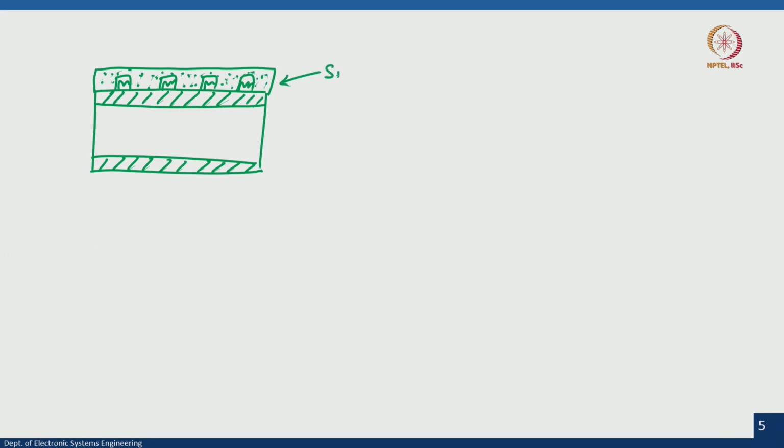This is my SiO2, which is PECVD oxide. This SiO2 is thermal oxidation, silicon, and this one is my aluminum interdigitated electrode.